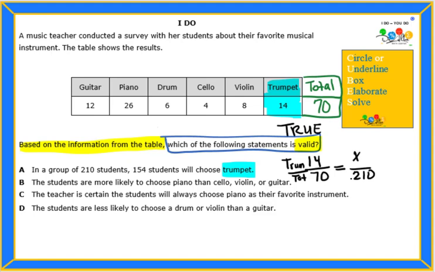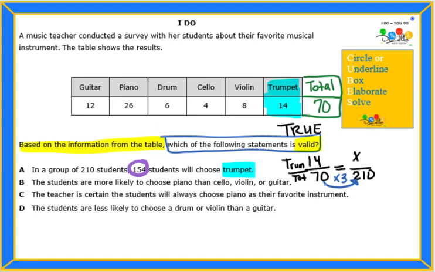Okay, so if x equals 154, this is true. If it doesn't, then it is not true. So we're trying to see if the number of students that like trumpet is 154. So we can find a relationship. I have one here. It's very easy to see. 7 times 3 is 21. So 70 times 3 is 210.